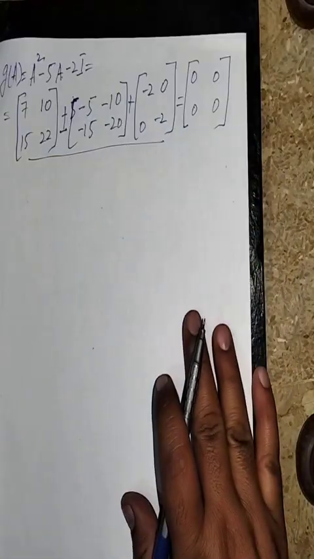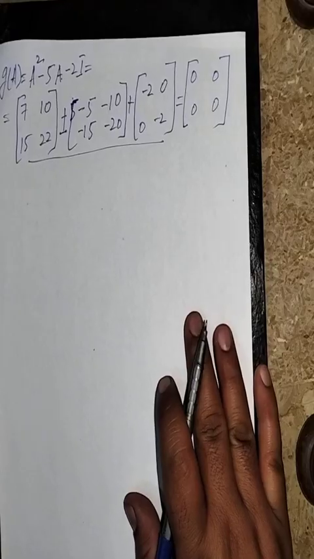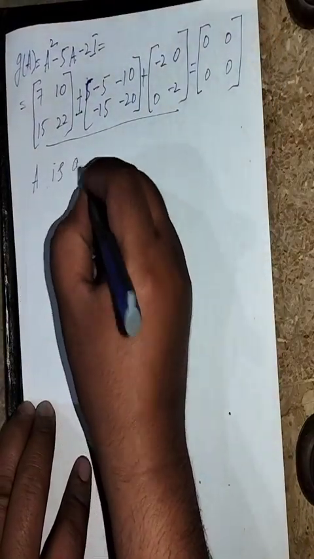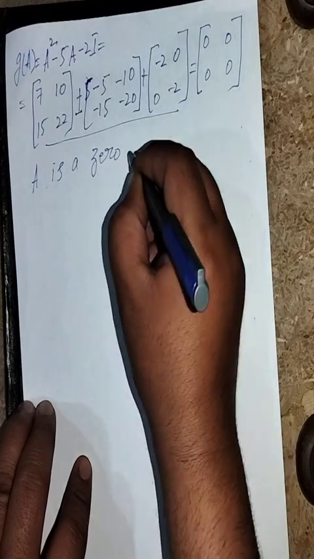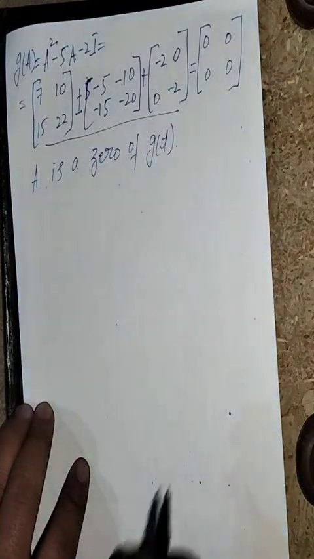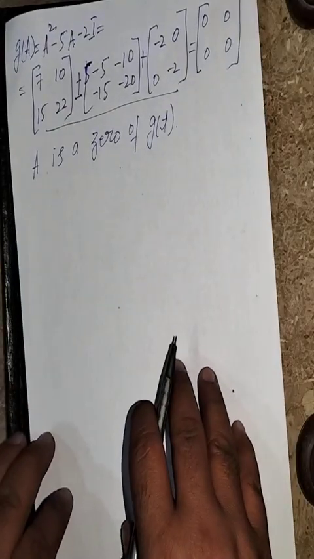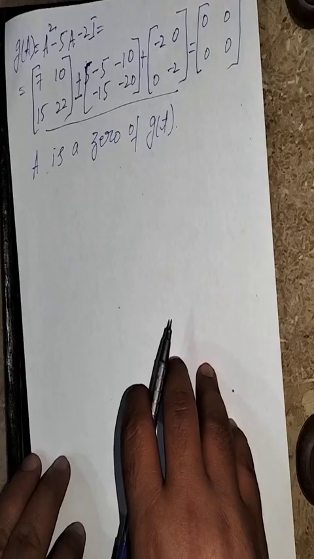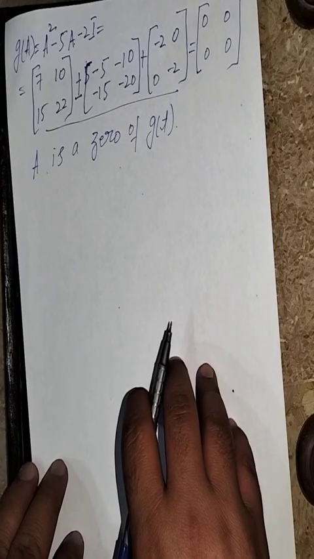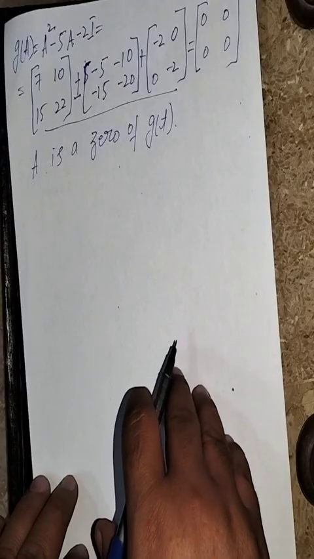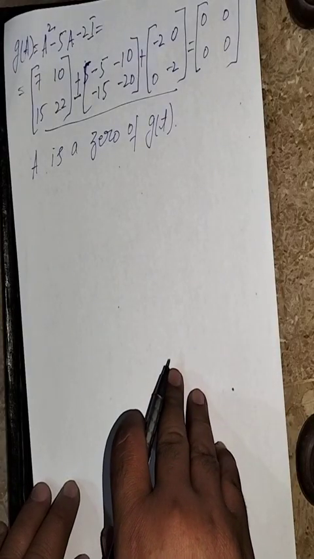You can say that A is a zero of g of t. It is like finding the root of an equation. Now we have a polynomial, and we have to find whether the given matrix A is the root of these given polynomials or not.